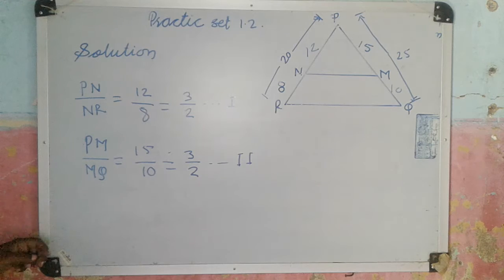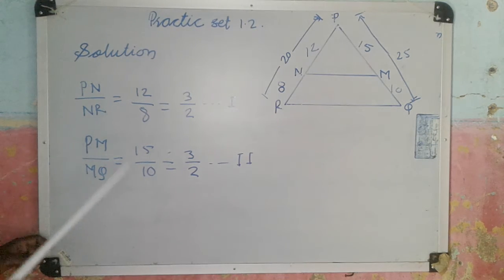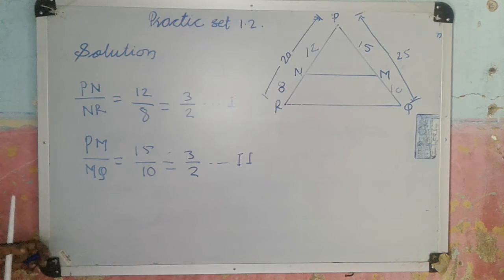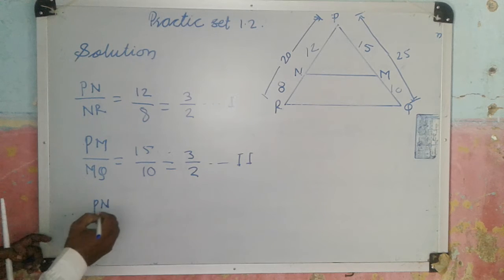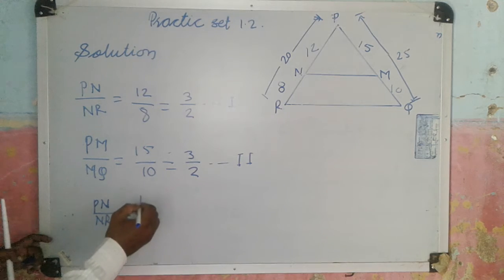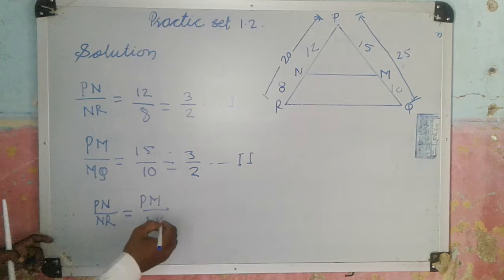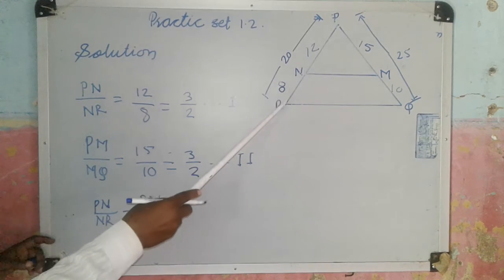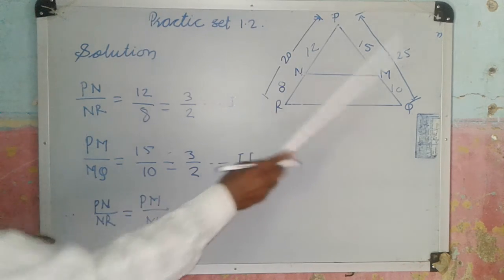Now, from statement 1 and 2, both the ratios are equal. That means PN upon NR is equal to PM upon MQ.